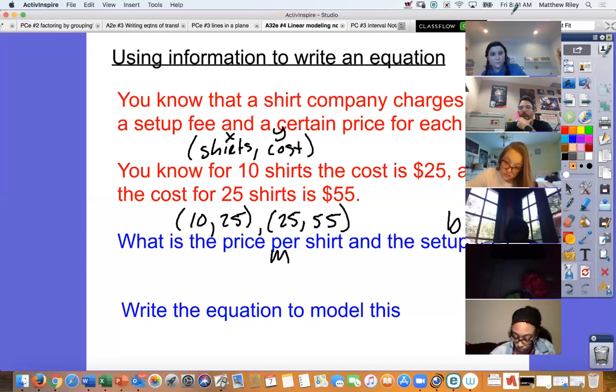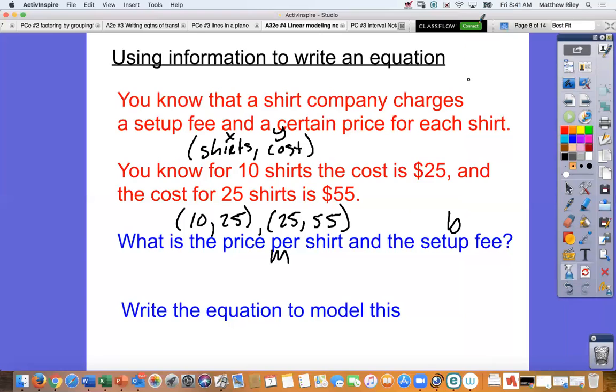All right. So I only see about 7 faces anyway, but I see some people starting to get this done. I want to give you guys as much opportunity as possible to start your work with me on here. So again, to find your slope, I'm going to do 55 minus 25 over 25 minus 10.